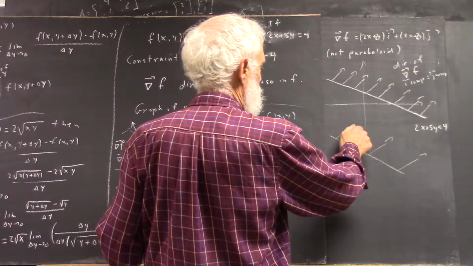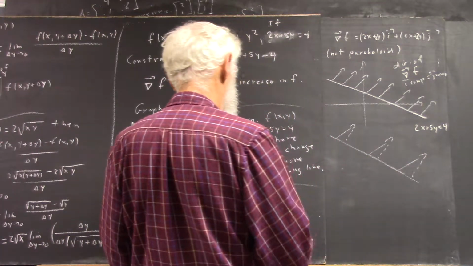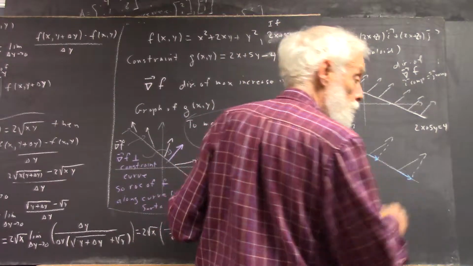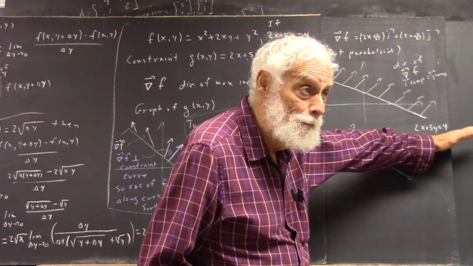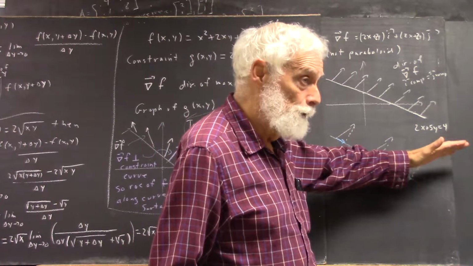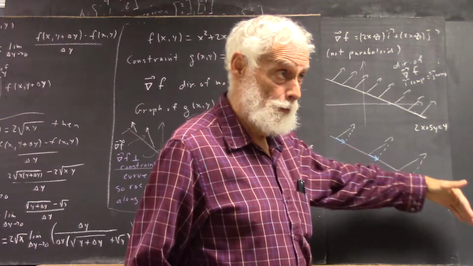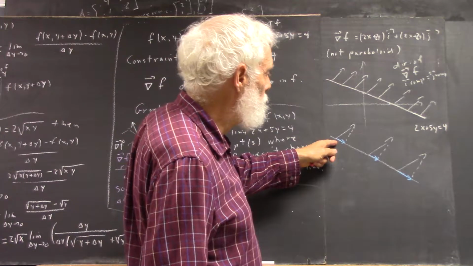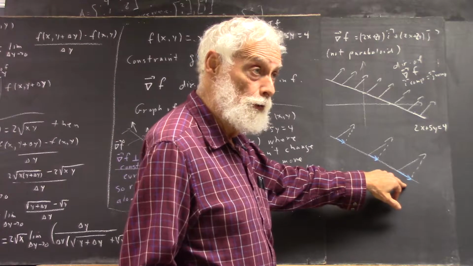If you find the components of the gradient, you always find that there's a component in this direction. Well, the gradient is the direction of maximum increase, and the direction of maximum increase has a component along this direction of the curve. So this is your direction of maximum increase, and this is a component of it, meaning that the function is increasing as you move along this curve in this direction.